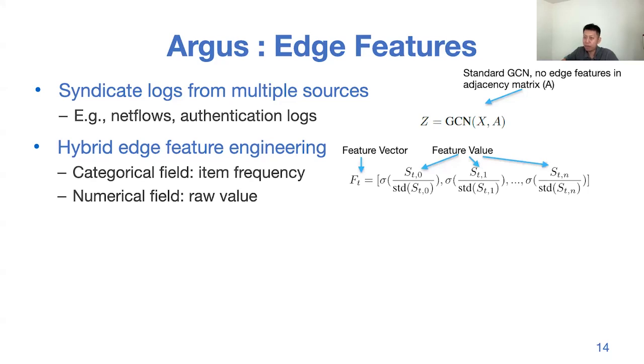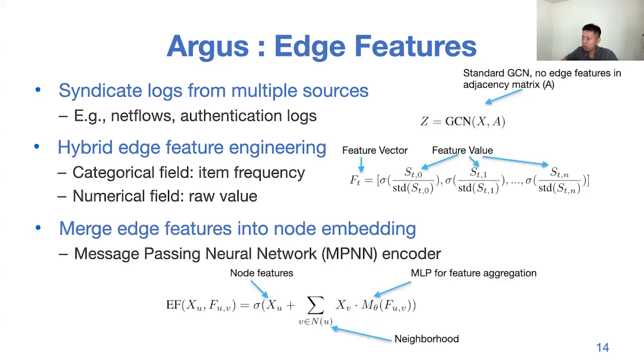Then the next question is how we merge those features into the GCN. We found a work called the message passing neural network, MPNN, encoder, that can be combined with the GCN encoder. So we start from node features, like the X from the source, and then look for the edges starting from these nodes.